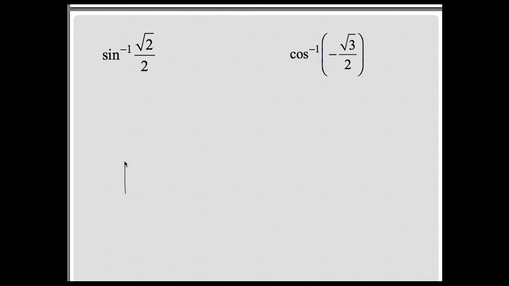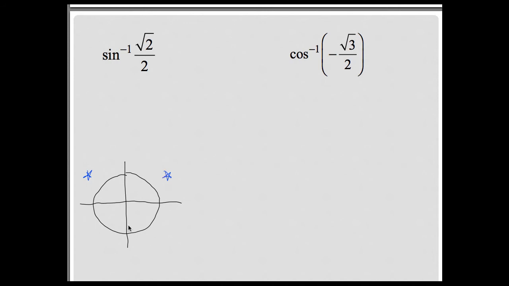All right, so inverse sine of square root of 2 over 2, also known as 1 over root 2. We're talking about sine being a positive square root of 2 over 2. So sine is positive, we know, either in the first quadrant or the fourth quadrant.